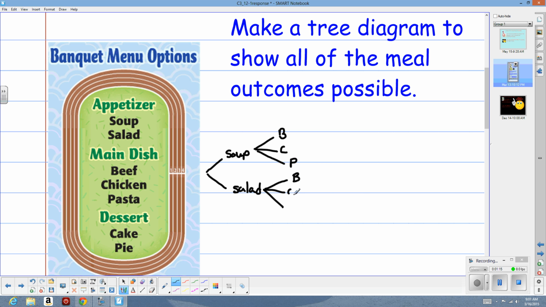And then once you finish your main dish, you are going to have a choice between cake or pie. So we're going to have 2 branches coming off of each one of these main dishes, and it's going to be cake or pie.